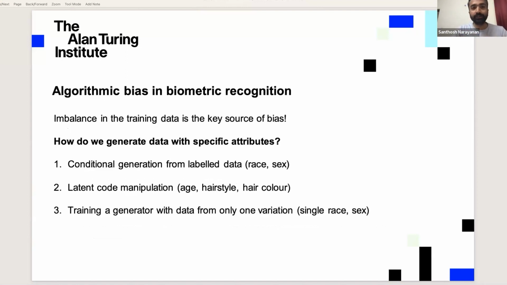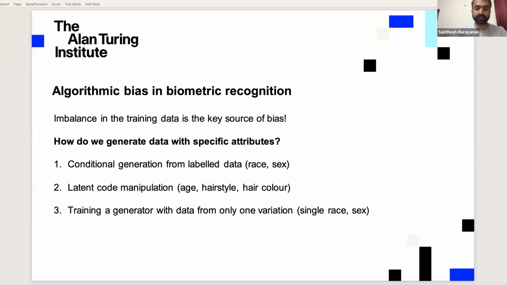Yeah, so like I mentioned, we need to understand the impact of these different sources of bias. And typically, most of these algorithms that are used in real time end up having a bias across these different variations because they were trained on imbalanced data sets, right? One of the most common examples of this is with skin tone.